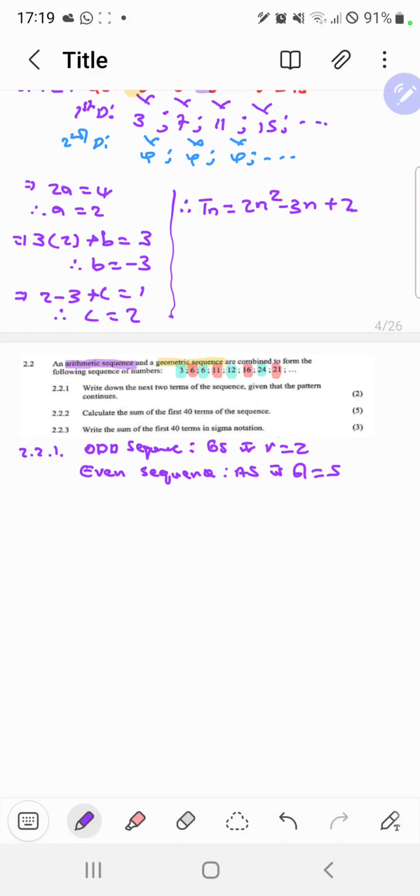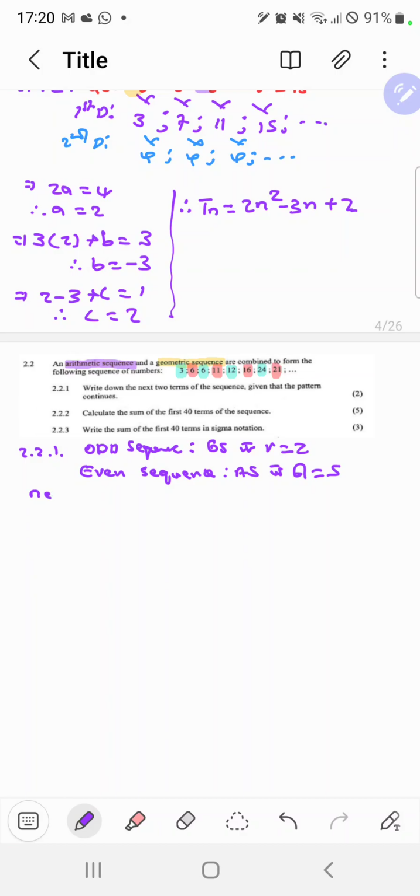And then, what do we want to do then? We can already tell that, well, let's see. We said here, the even sequence, remember it ends with the even one. So the next term is of the odd sequence, which is the GS. So you just multiply the 24 by 2, we get 48.